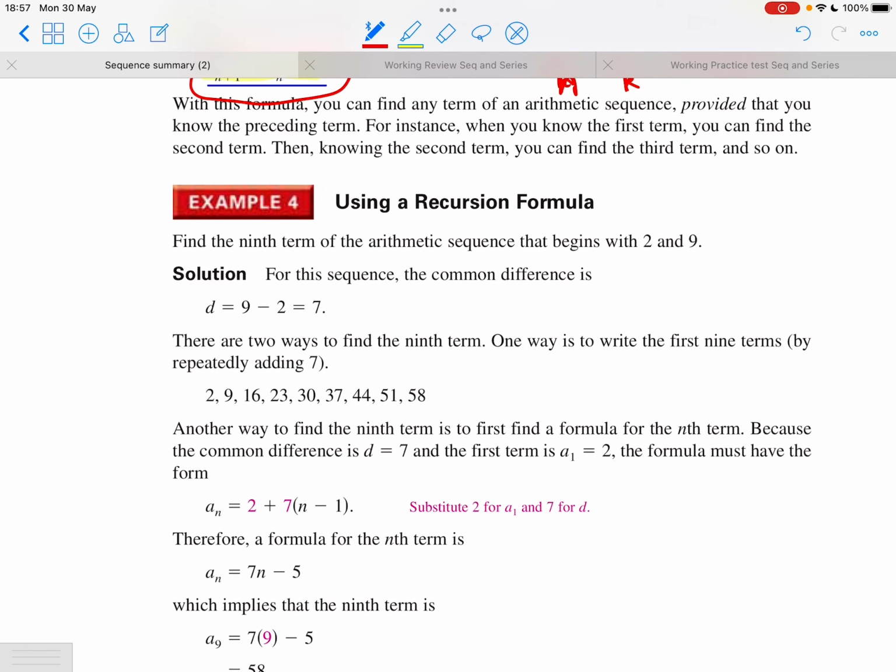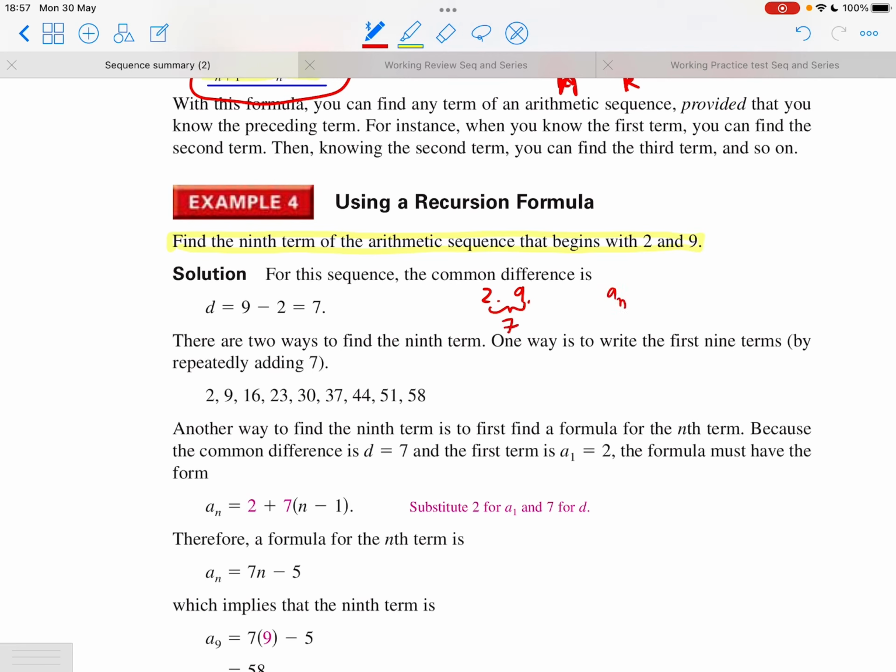Example: find the nth term of an arithmetic sequence that begins with 2. Find the 9th term of the arithmetic sequence that begins with 2 and 9. So the first number is 2, the second is 9, the gap is 7.